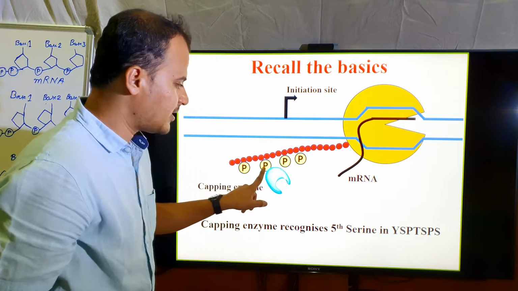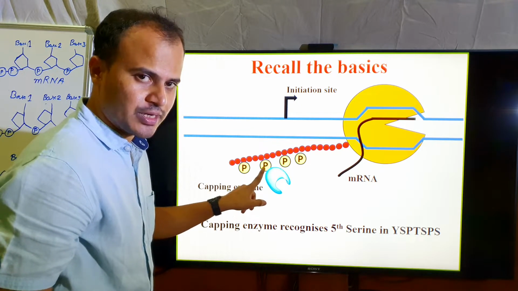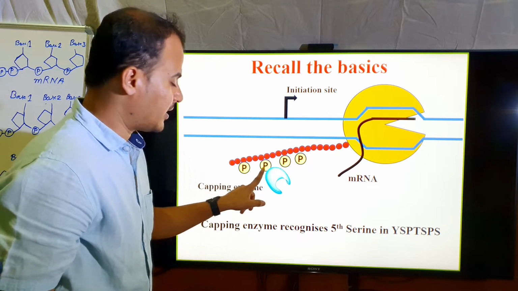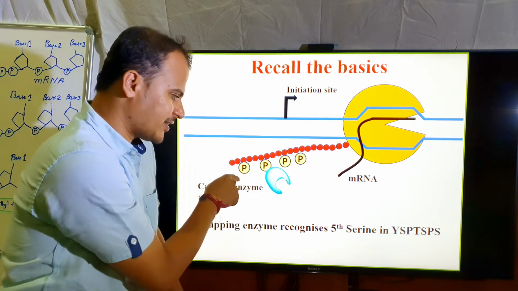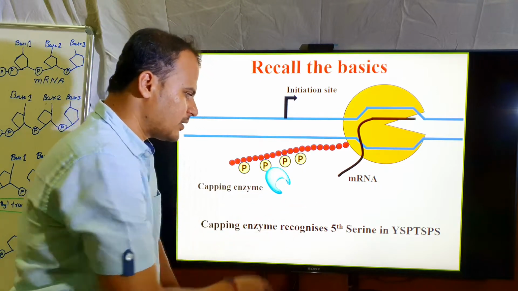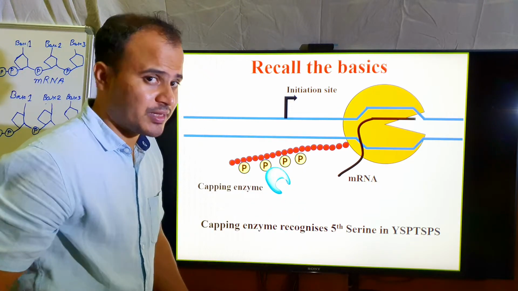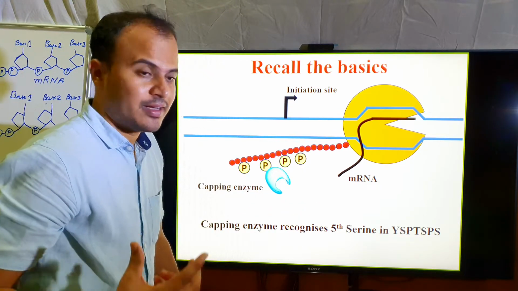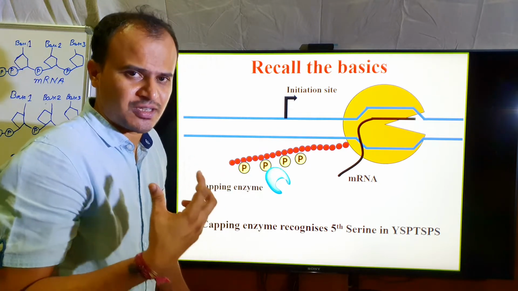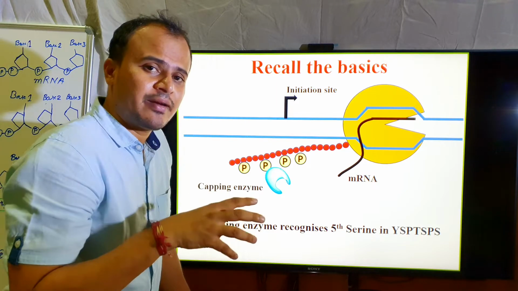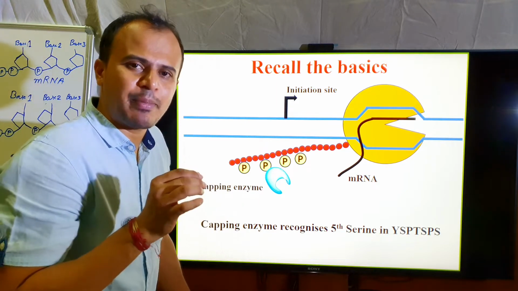The RNA polymerase tail is phosphorylated using TFIIH and the other kinase which I spoke about in the previous slide. A very important thing is that the fifth serine residue that is phosphorylated acts as a docking site, or the binding site, for a specialized enzyme called the capping enzyme.